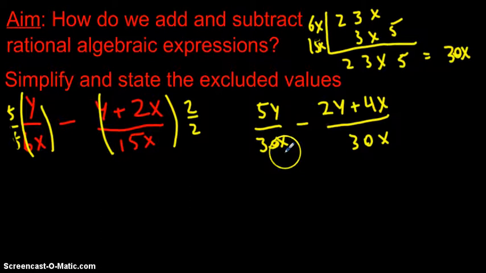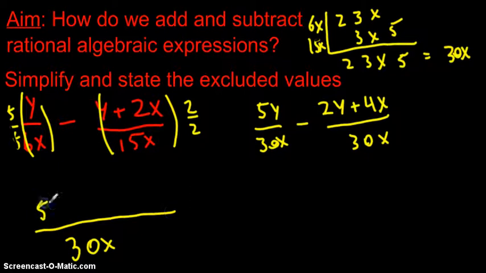Now that we have a common denominator, we can rewrite this expression in the numerator over this common denominator. So this is now over 30x, 5y minus this expression.